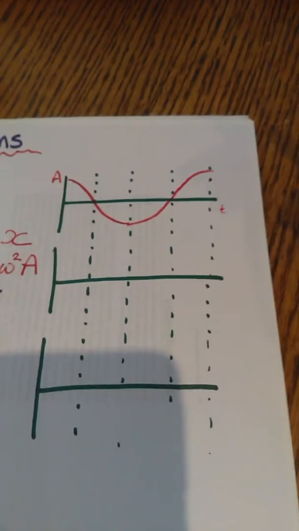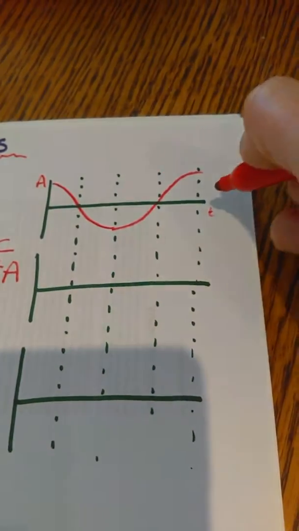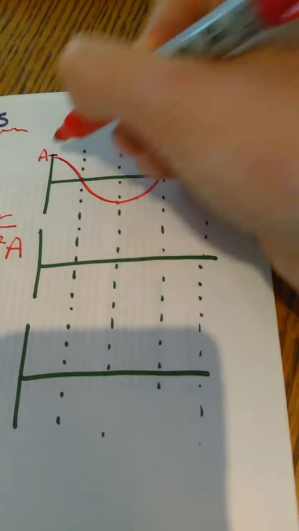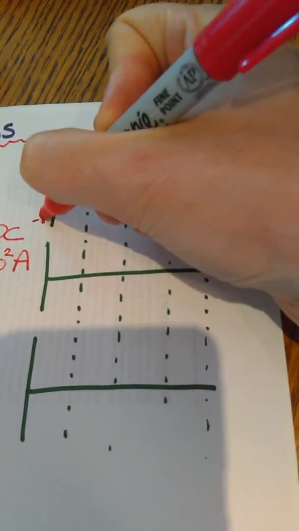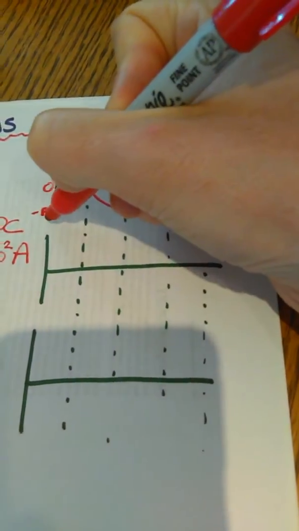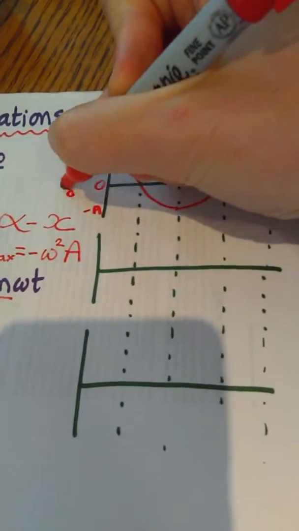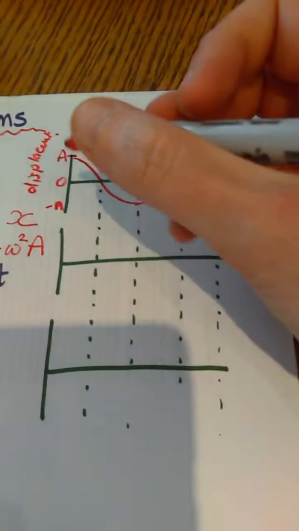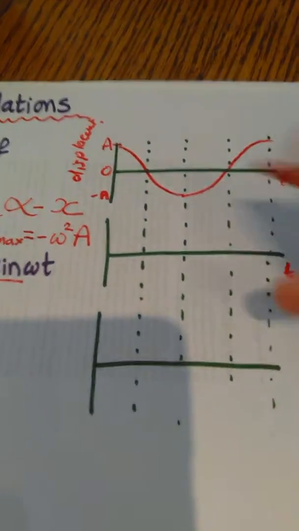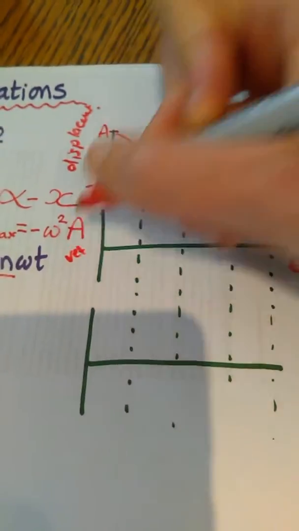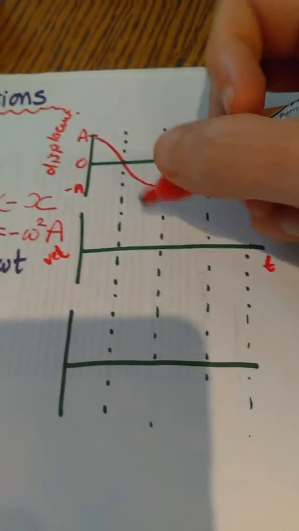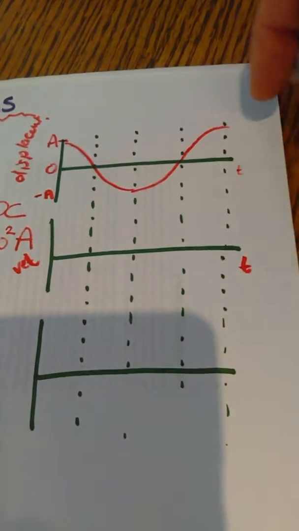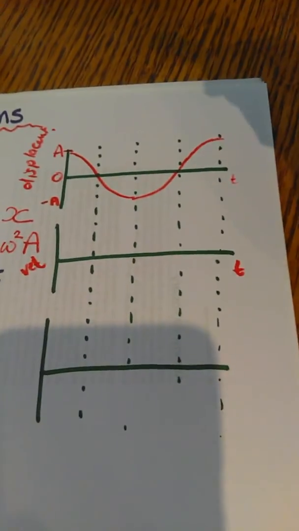Now, I've drawn already a displacement time graph, and obviously the biggest displacement you get is A down to 0 down to minus A. Okay, so that graph shows the displacement. Now remember, we have done this in class. We can turn this into a velocity time graph. If this is displacement time, the gradient shows us what the velocity would be.